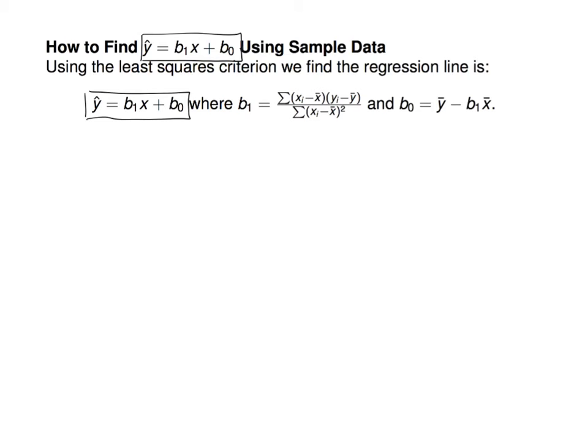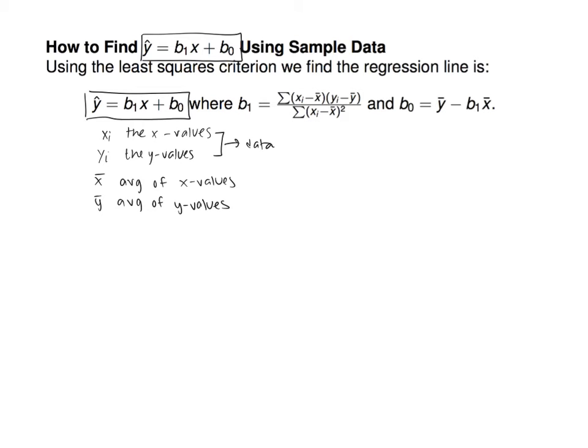So remember that the x sub i are the x values for your data. Y sub i are the y values, both from the data. X bar is the average of the x values. Y bar is the average of the y values.